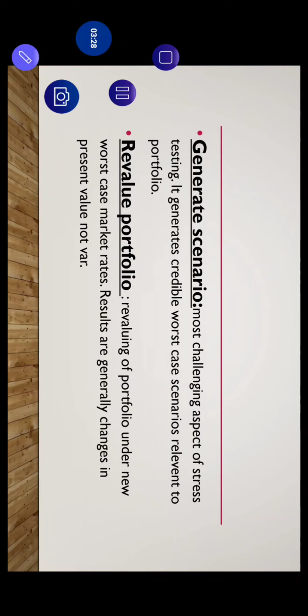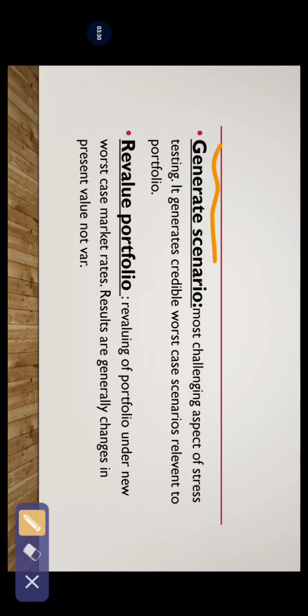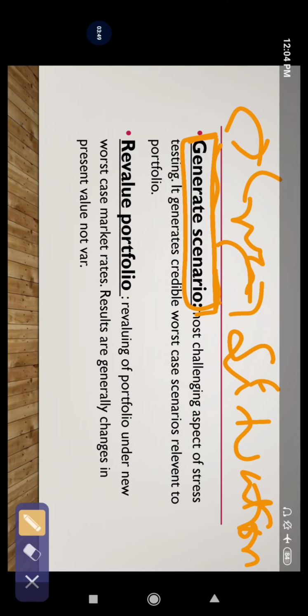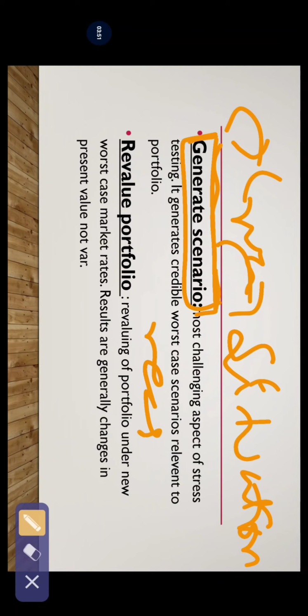The first step is we have to collect the scenario or the situation, which situation has affected our portfolio. This is the most challenging part of stress testing, because it is the first step, it is the most crucial step, where we can understand how our portfolio has changed its way of earning.